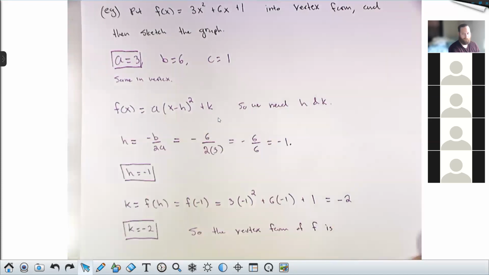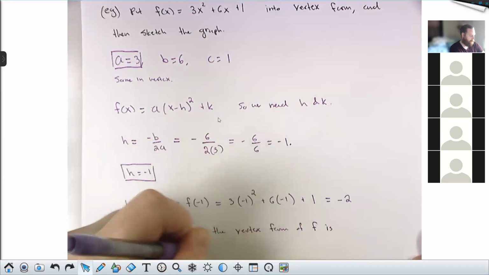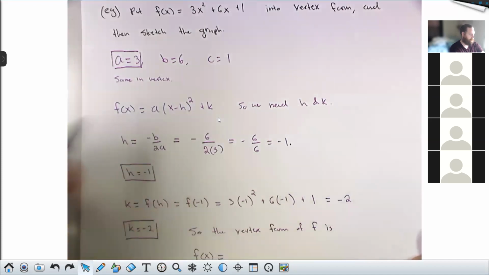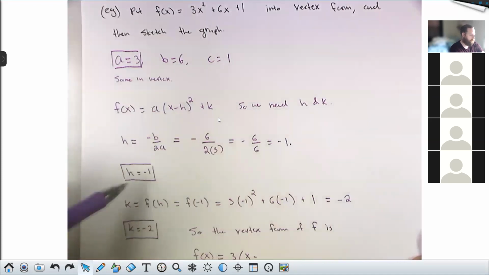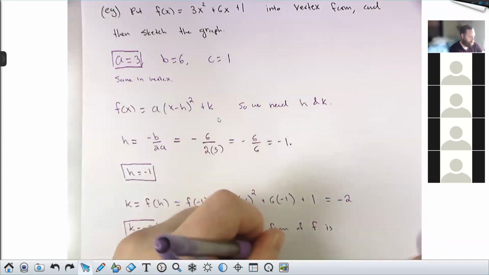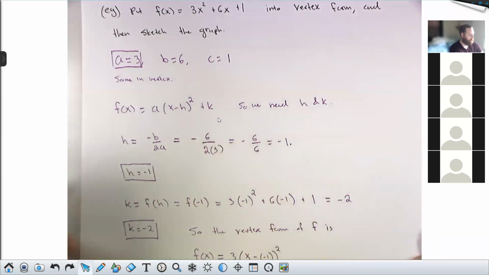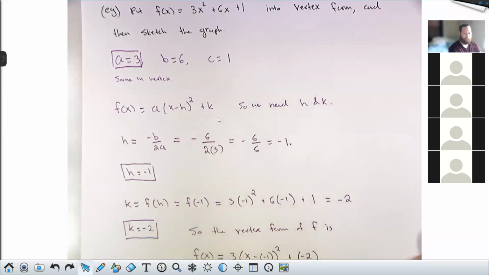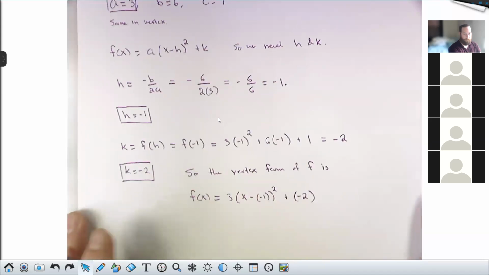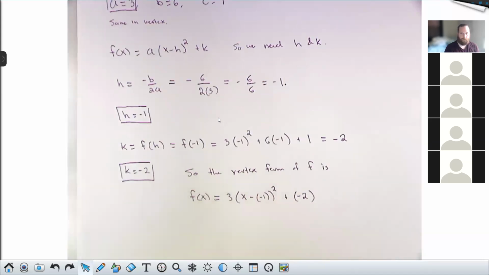So the vertex form of the function f is f of x equals A, which is 3 times x minus h, which is -1, squared, plus k, which is -2. All right, and be generous with your use of parentheses here. All of these parentheses are necessary. We can simplify in the next step, but for now, all of these are necessary.